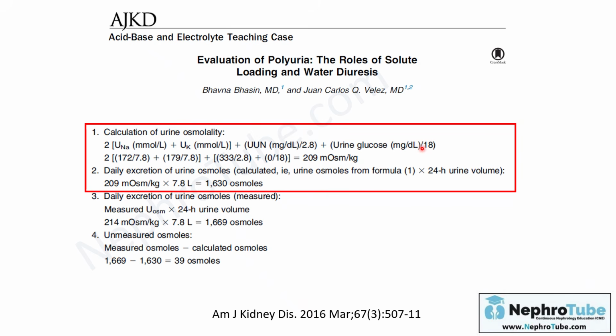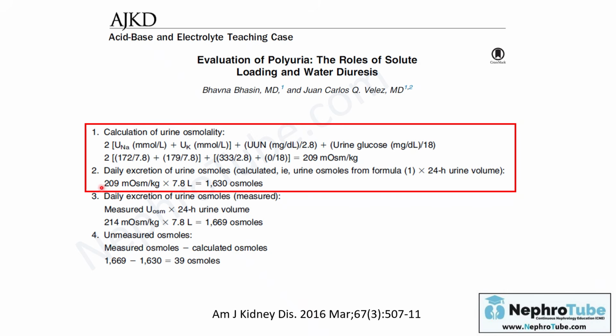We all know it, and you can find different calculators. They found the urine osmolality of this patient was 209 milliosmol per kilogram. Then, the daily excretion of urine osmoles, how should it be calculated?